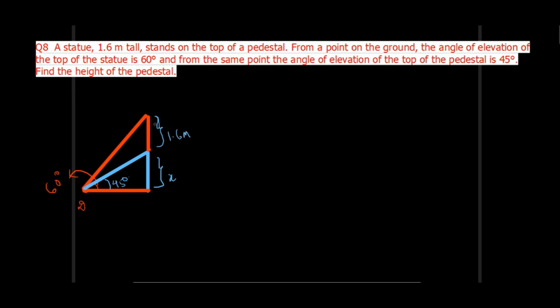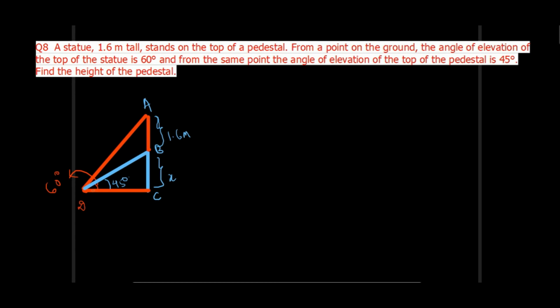This we need to find, and the height of the statue is given to us as 1.6 meters. So let me name this AB. So AB is the statue which is 1.6 meter height, and BC is the height of the pedestal.